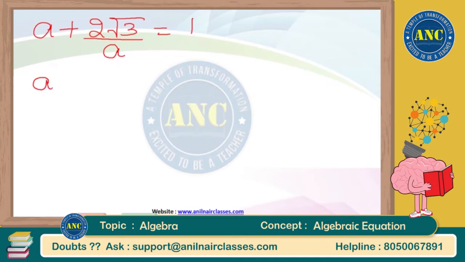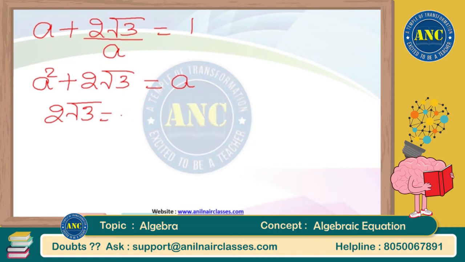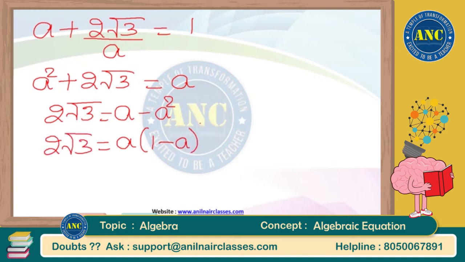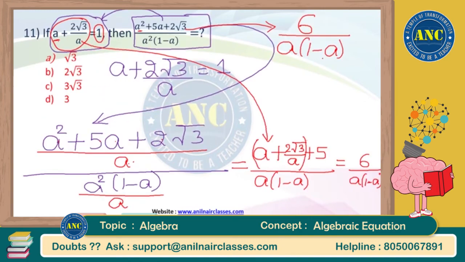Now take the LCM. A square plus 2 root 3 is equal to, this denominator a will cross multiply with 1. Now this becomes 2 root 3 is equal to a minus a square, or if I take a common factor, it is a into 1 minus a. So a into 1 minus a value happens to be 2 root 3. Back substitute it here.